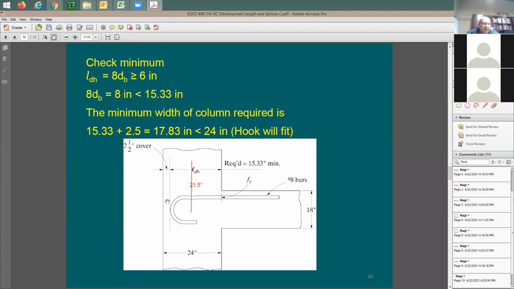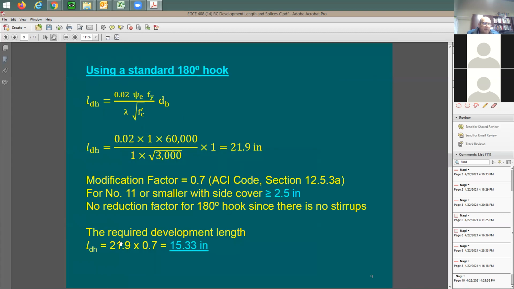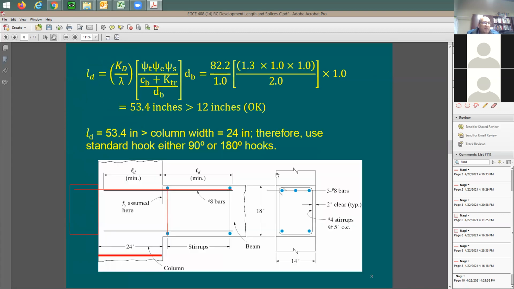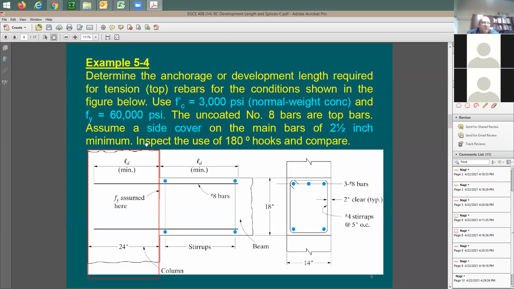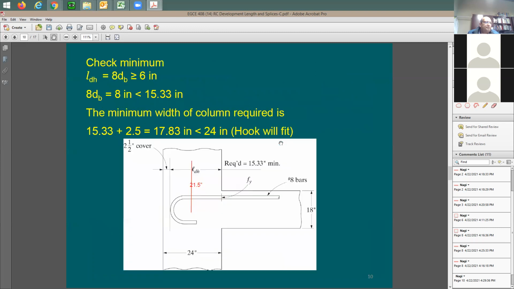So I'm going to say, yeah, a 90-degree hook would work here because you're going to end up with the same multiplier, the same 0.7. In this example, the reason I use 180 degrees is just because it was mentioned in this example. But a 90-degree hook would have worked beautifully here. Okay, got it. Thank you. No problem.